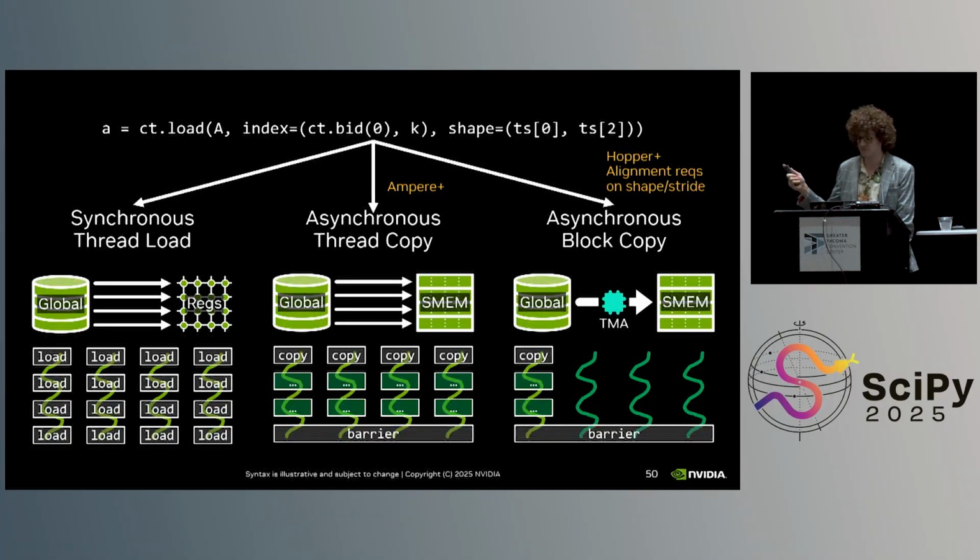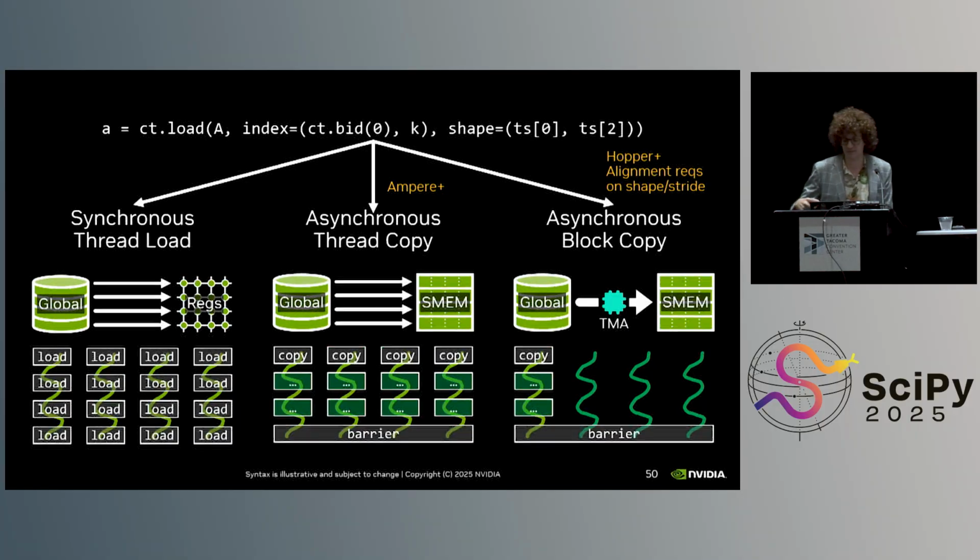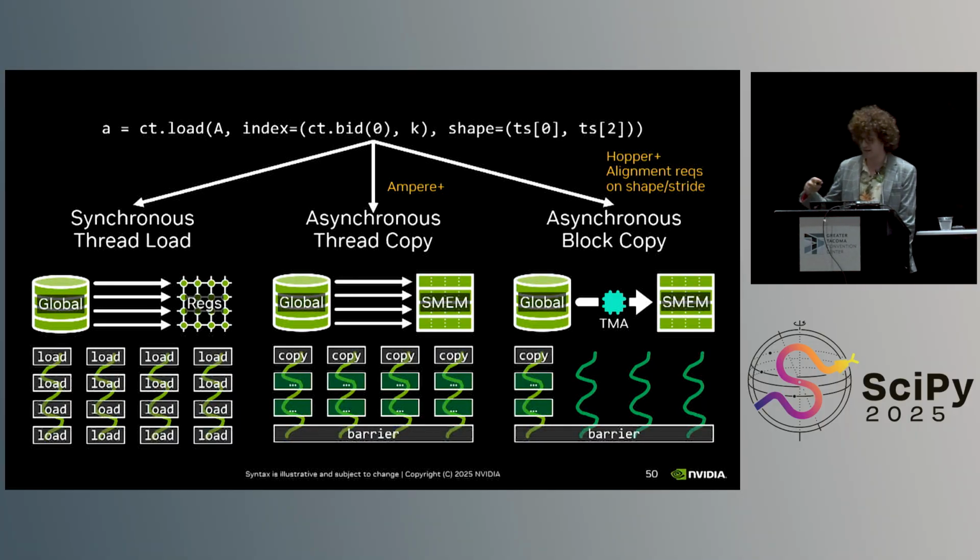We could also use the new Tensor Memory Accelerator to perform asynchronous block-wide loads and stores, allowing for even more overlap of compute and I/O and letting us access the full bandwidth of our GPU. And the system will pick the best option available given the constraints of the memory access pattern, like alignment and stride, that you've specified, and the hardware that you're running on.